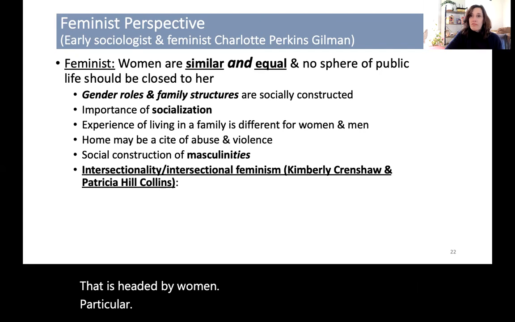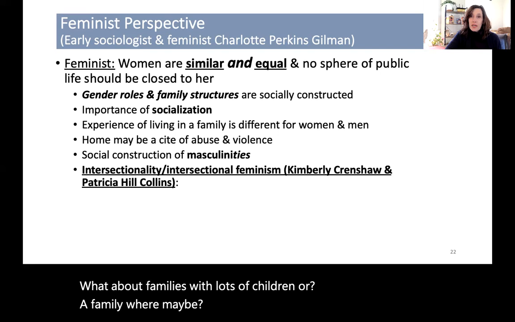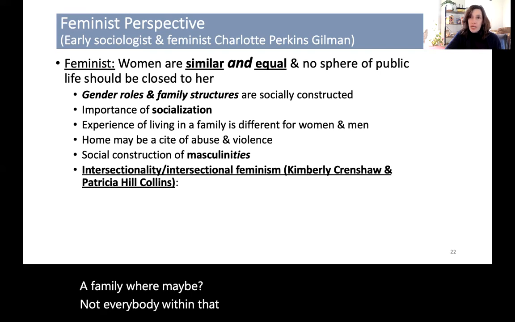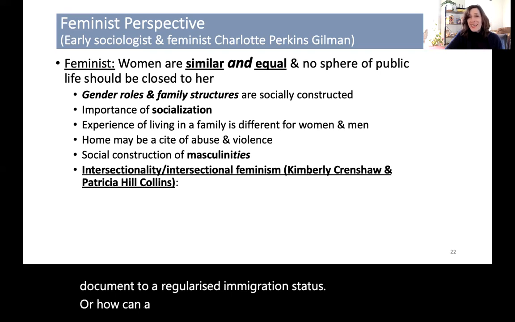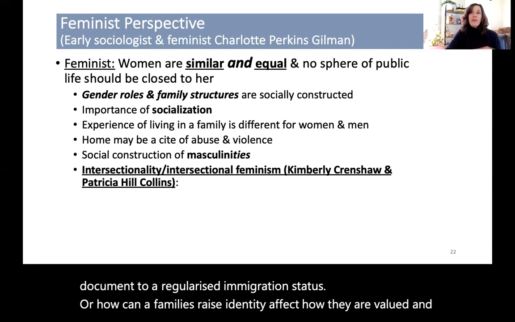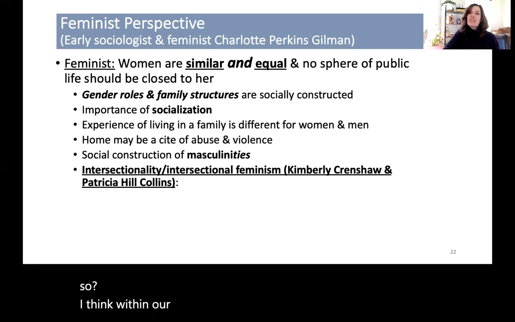What about families with lots of children, or a family where maybe not everybody within that family unit has documentation, or a regularized immigration status? Or how can a family's race identity affect how they are valued? And so I think the intersectional lens helps us see this, and same-sex families would be another example.